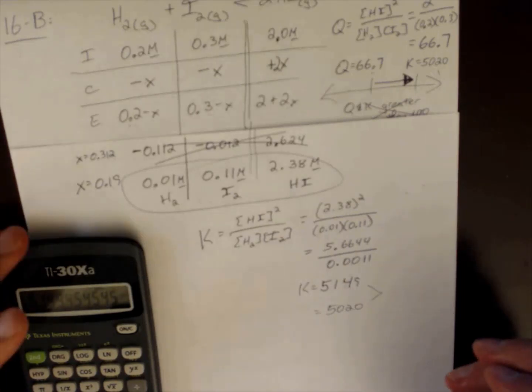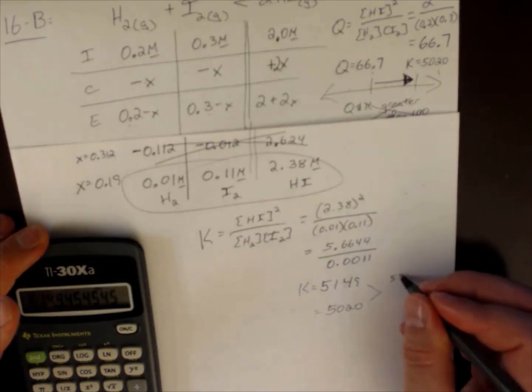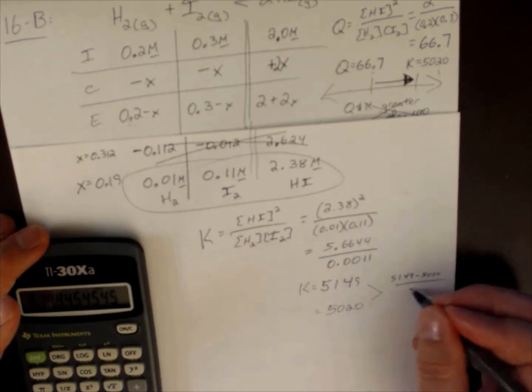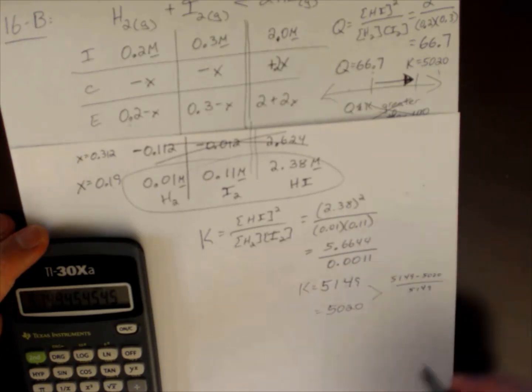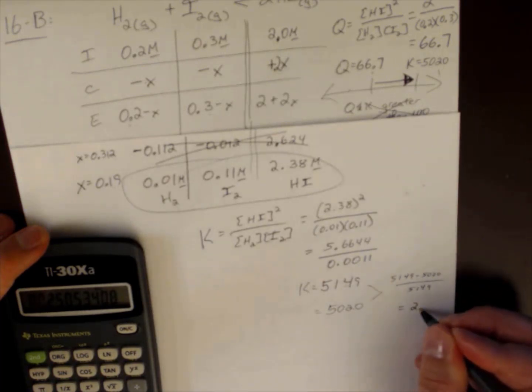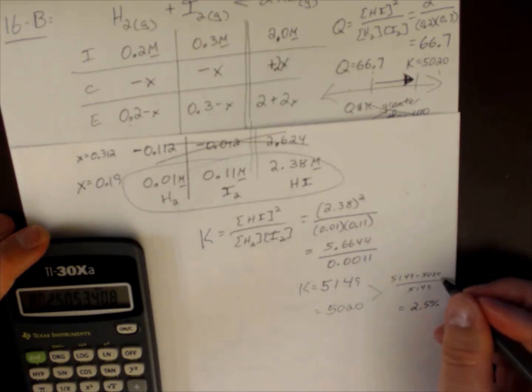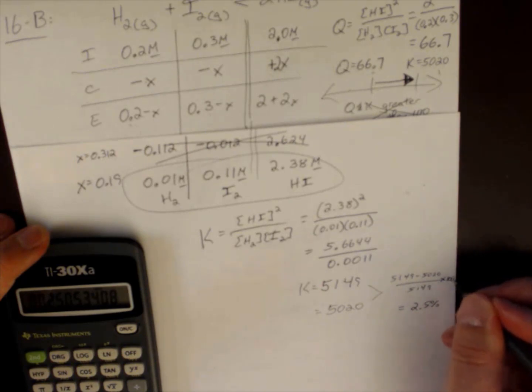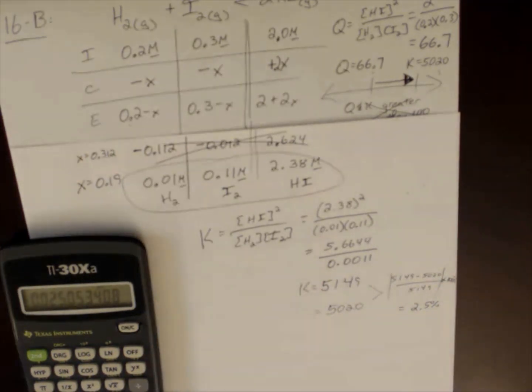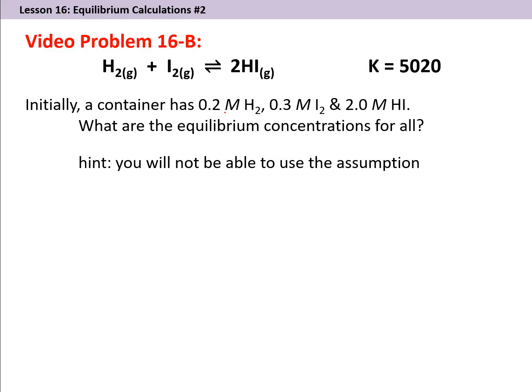If I do 5,149 minus 5,020 over 5,149, I get 2.5% off. Right? So it's not off by that much, so it's okay.